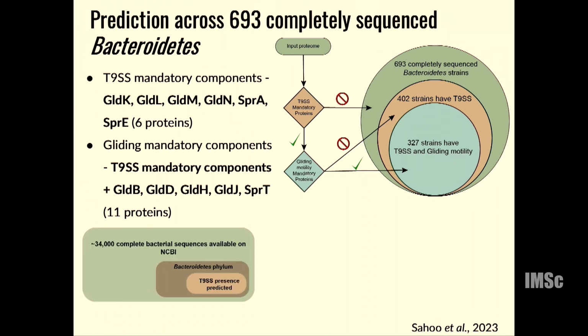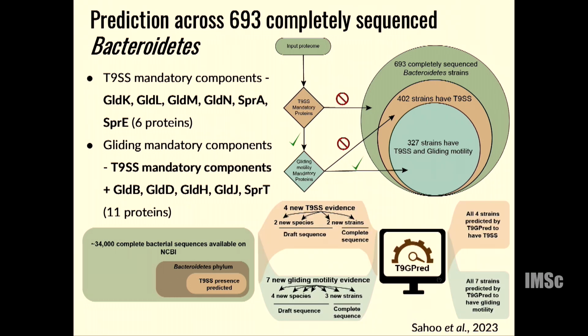motility. Further, we have also checked the presence of T9SS across the bacterial kingdom. We considered more than 34,000 bacterial sequences, and we see that T9SS is predicted only in the Bacteroidetes phylum, which was also observed by various other groups previously.